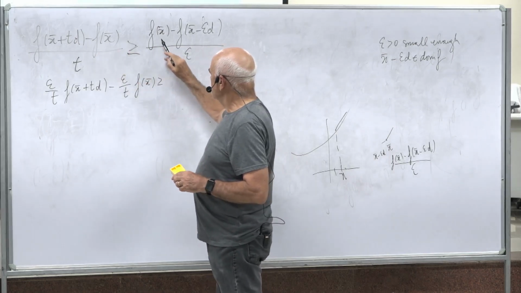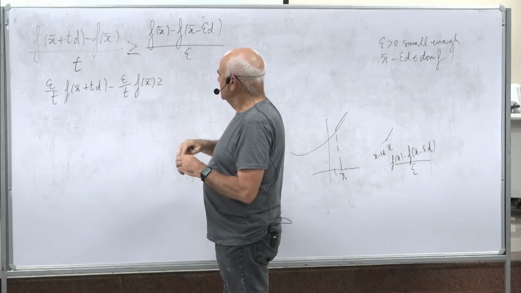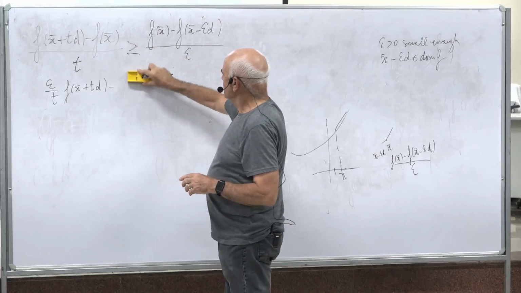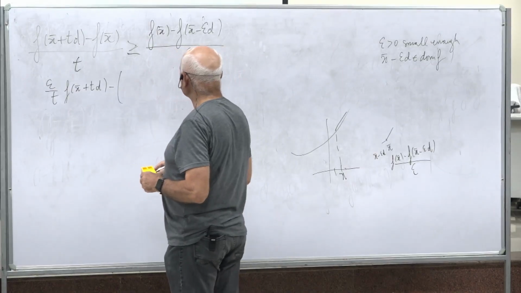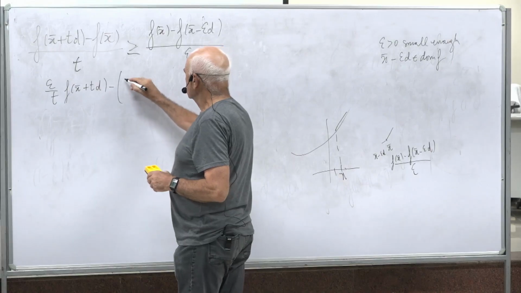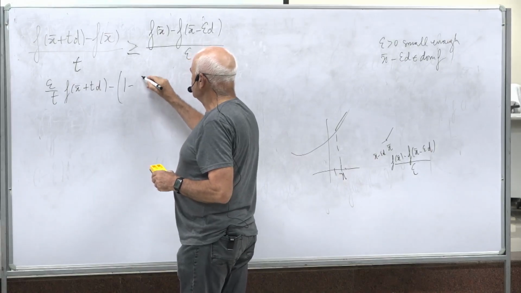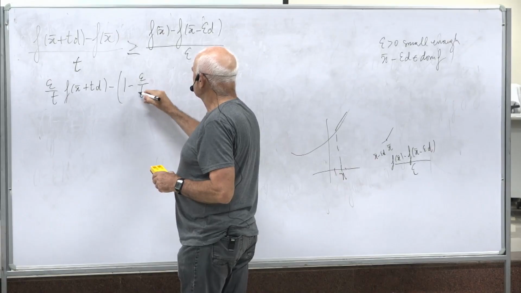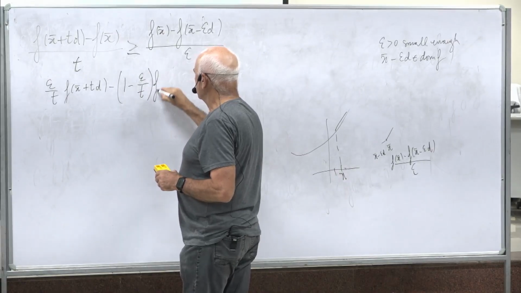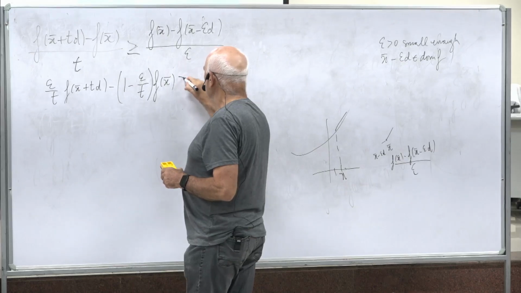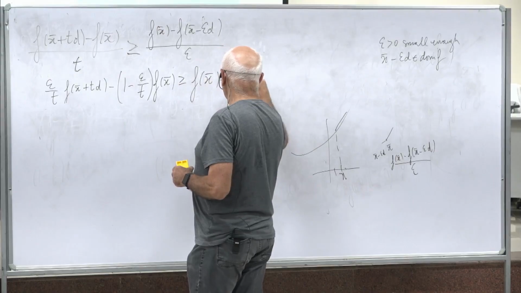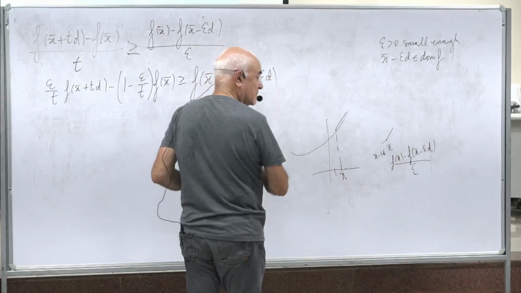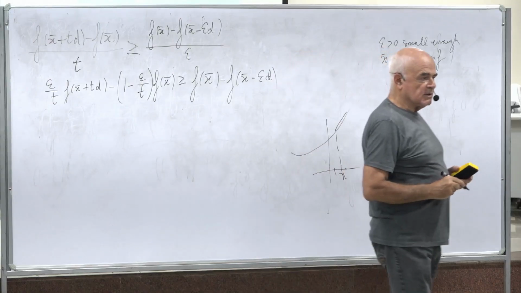This term would be with -1 there. So this would be 1 minus epsilon over t f of x bar, greater than or equal to f of x bar minus f of x bar minus epsilon d. Okay? Now it's correct, I think.